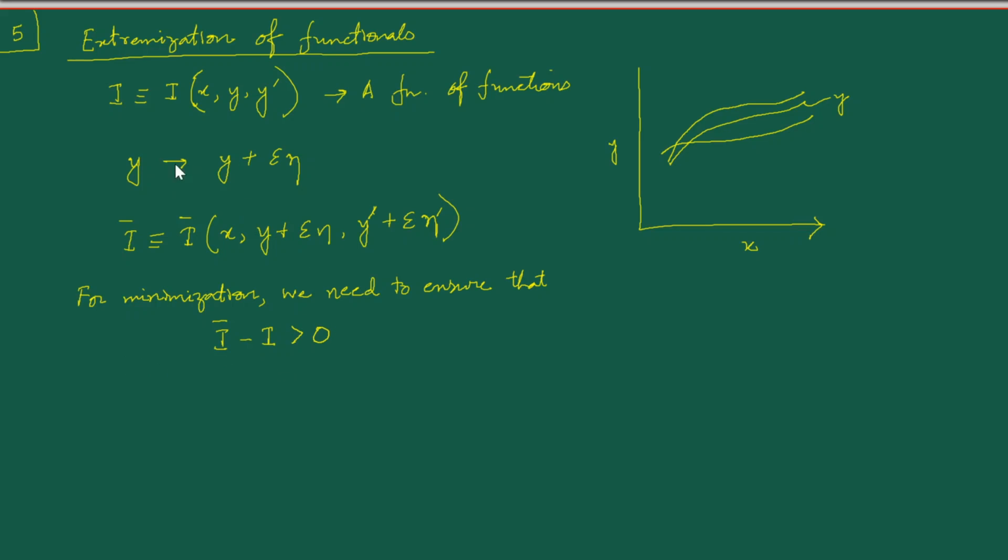Because if our answer is indeed the specific y, then this I must be taking the smallest value. So no matter what other I bar value there is, it should always be larger than that y, than that I. Okay, so exactly proceeding with those ideas which we had discussed in our previous lecture.